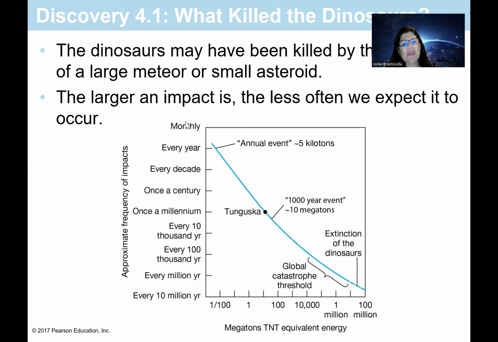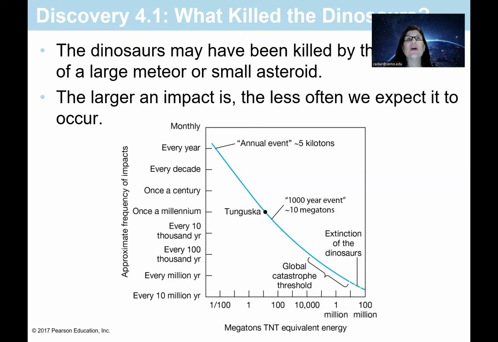Monthly, we have very teeny tiny little things. Every year, we have an annual event with 5 kilotons or so. Every decade, every century, every millennia, this is the Tunguska event, which was an airburst event that happened over Russia and downed a bunch of trees.